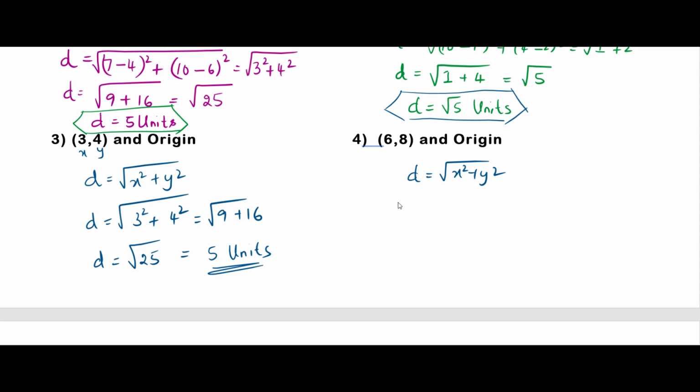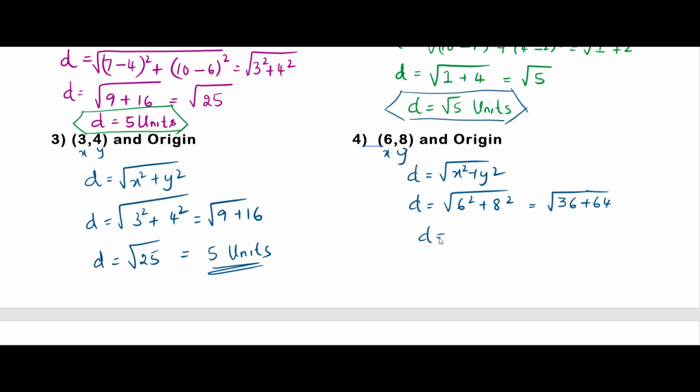In the same way, the next question: the distance between the point (6, 8) and the origin. x is 6 and y is 8. Now d equals square root of x, that is 6 square, plus y square, that is 8 square. What is 6 square? 6 square is 36. 8 square is 64.